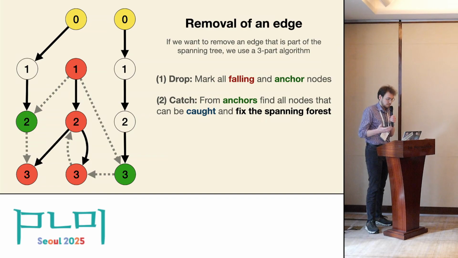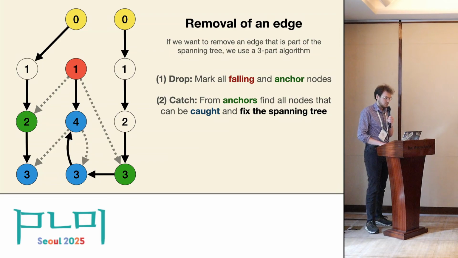It explains itself a bit. So here, as we can see, we can find all nodes that are still reachable from these anchors. And this way we can know which falling node is still reachable from roots.